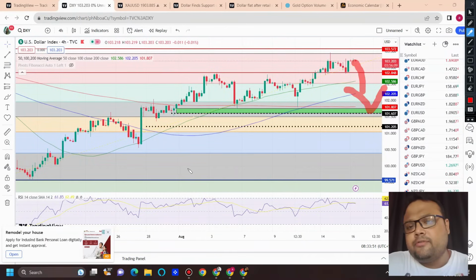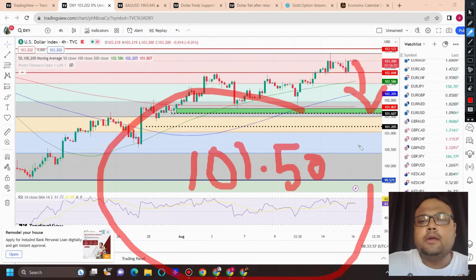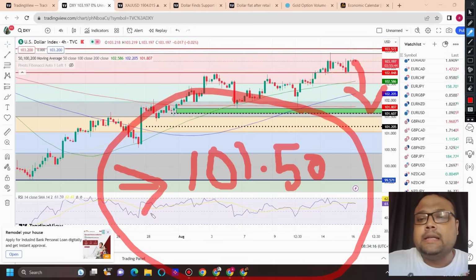If the dollar index drops after FOMC, then we have some support around 101.50, because the support levels like 102 and 102.50 are not very strong. I don't think they will be able to hold the market. 101.50 will be the next immediate support after the news if DXY drops. Okay, let's wait and watch.